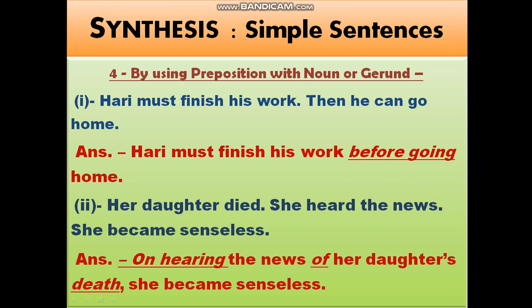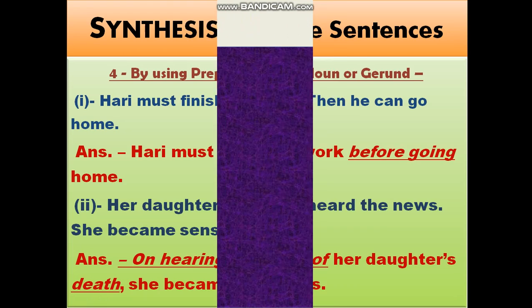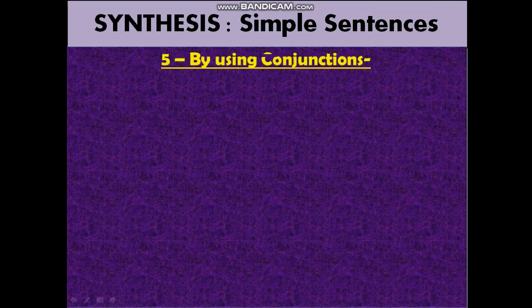On hearing the news of her daughter's death, she became senseless. We have used on, the preposition, with hearing, the gerund, and we have used of, the preposition, with her daughter's death, the noun.